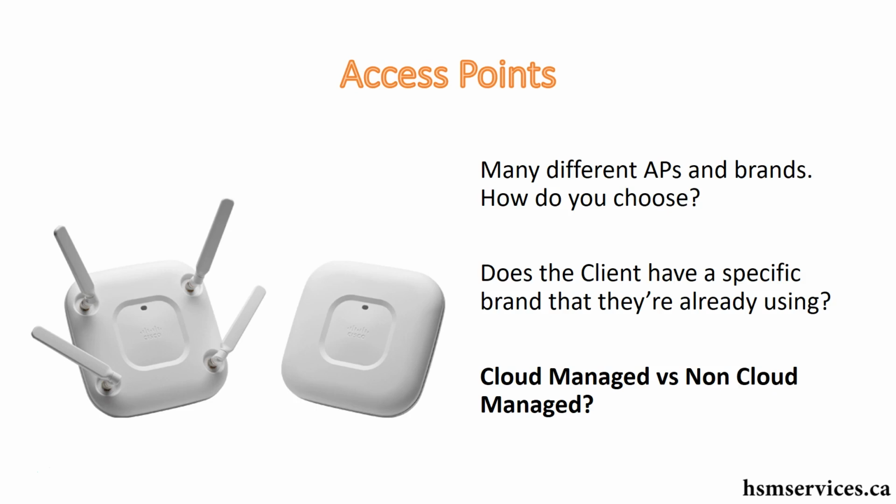And then you need to ask yourself if you want to buy cloud managed access points, which I don't want to say are plug and play, but they kind of are. You plug them in and they connect to the internet, and then you go online and you manage them from a central location. Even if you have 20 buildings or 1,000 buildings and 10,000 access points, you can go online on the device manager and just manage each one.